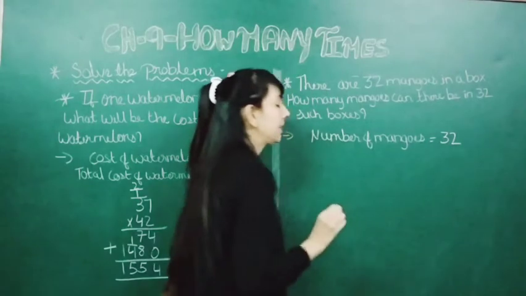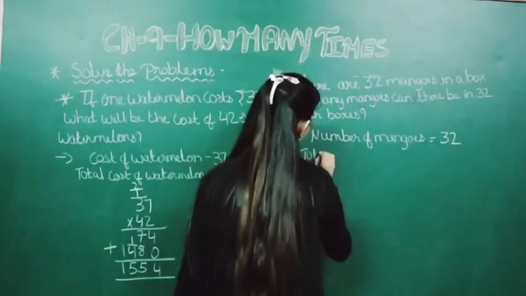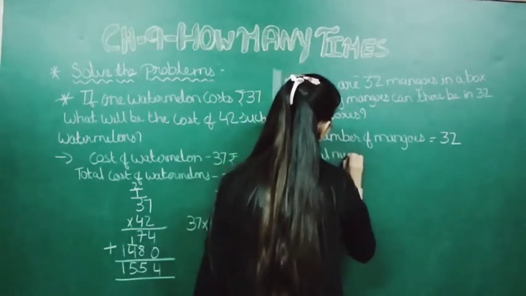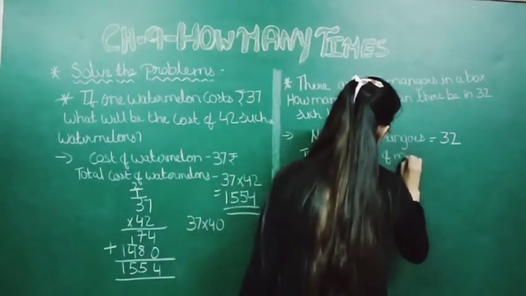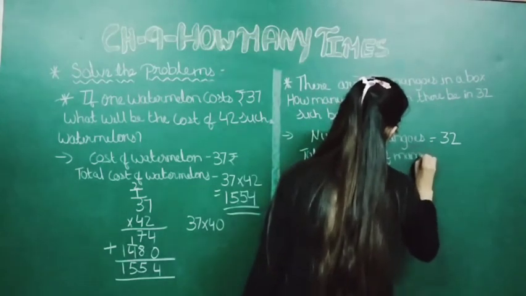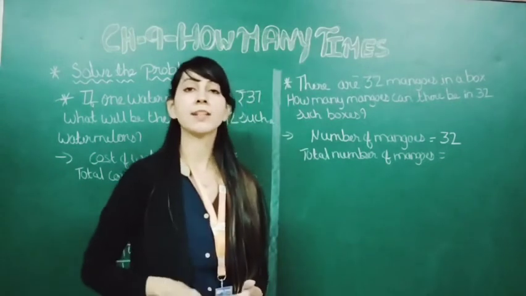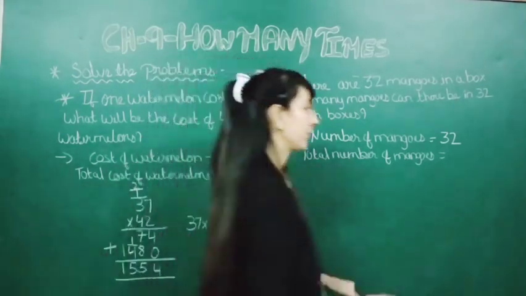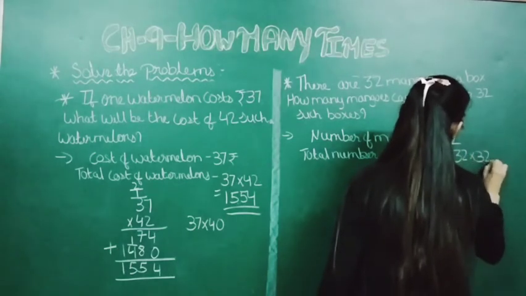Okay. Now total number of mangoes, that we have to find out. So what we will do? Yes, 32 into 32.